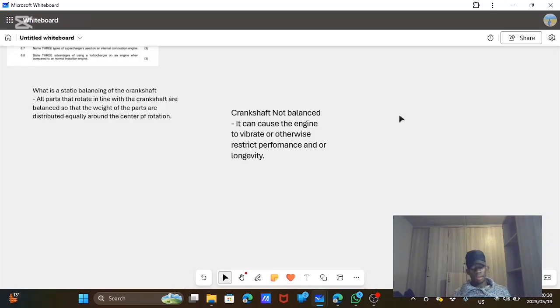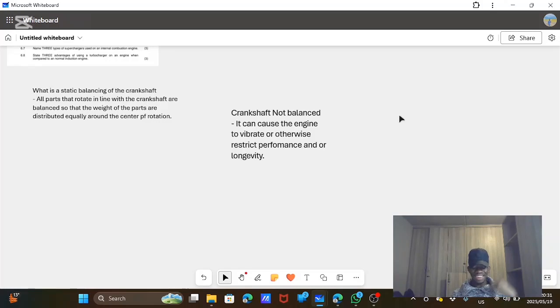A dynamic balance plays a role in balancing craft. It ensures the smooth operation of rotating machinery with reduced vibration and increases efficiency through the adjustment of the mass and distribution.